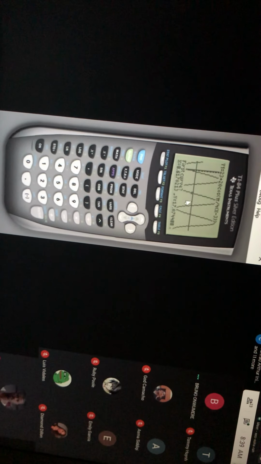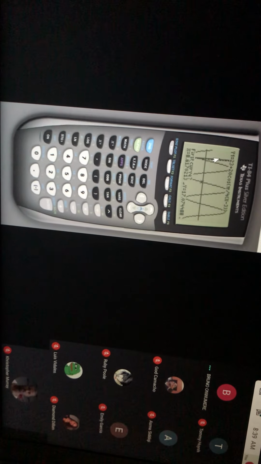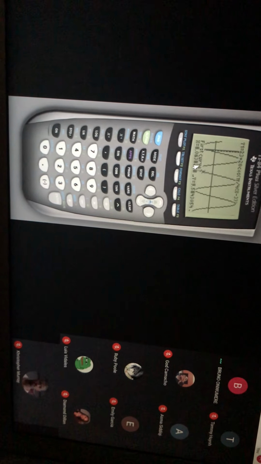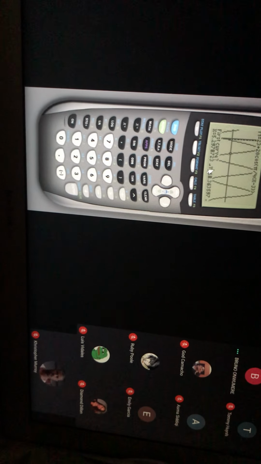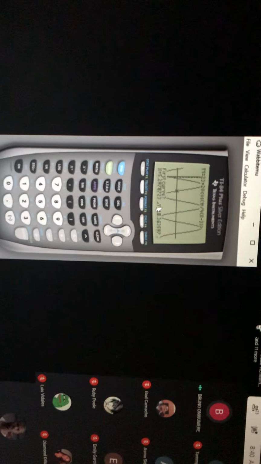Second one, not the third one. You gotta go to, this is the second intersection right there. Everybody can see my calculator. The second intersection right there.